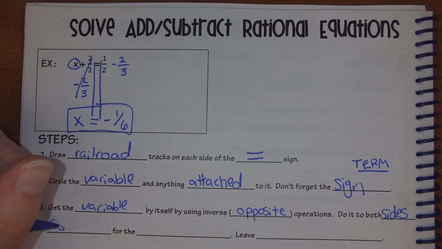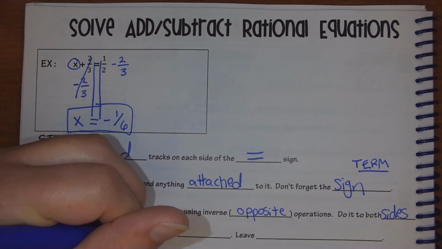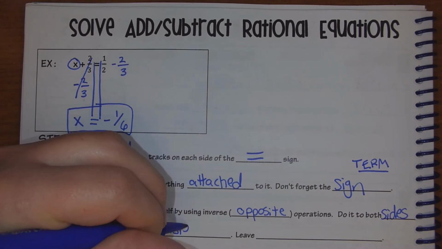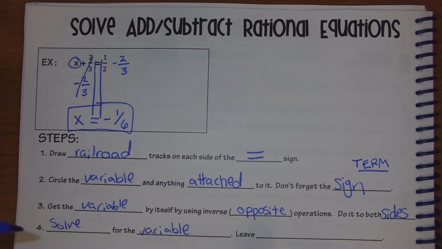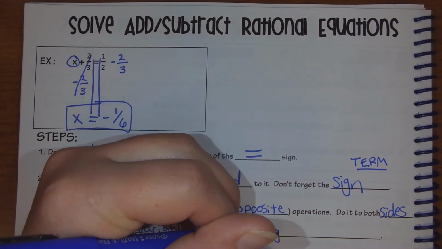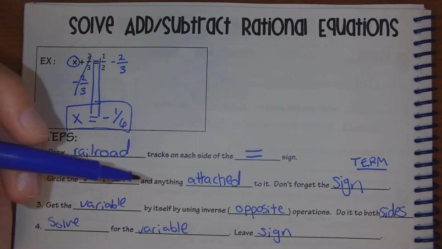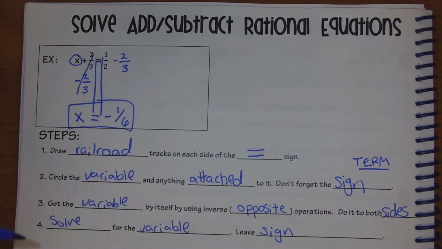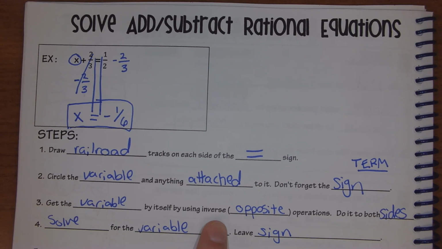And this is to solve for the variable. Okay, and this is to leave the sign. Okay, what I'm saying is you're not changing your sign, you're changing the operation.